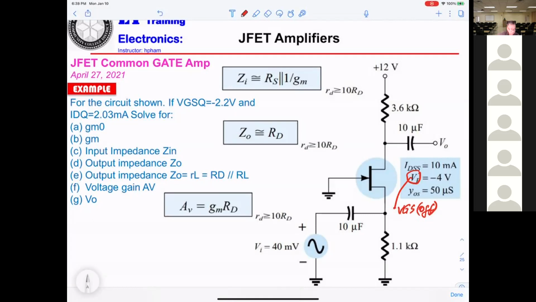Five millisiemens. GM0 equal 5.5 millisiemens. Okay. GM is 2.25 millisiemens.